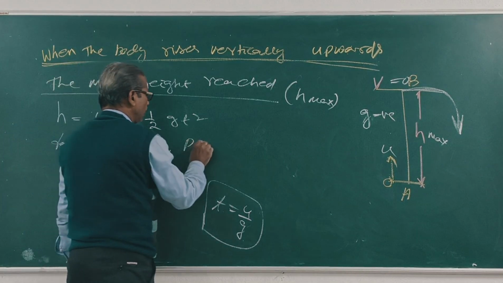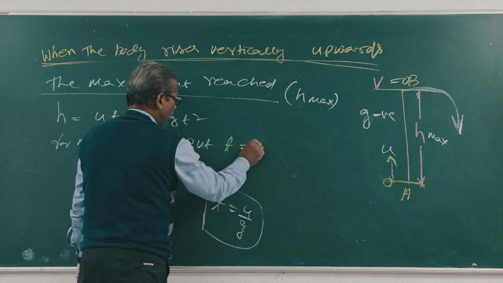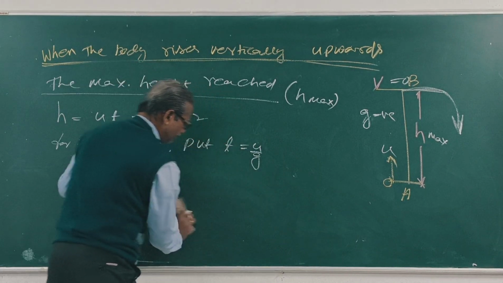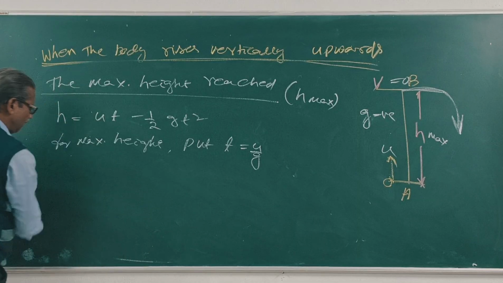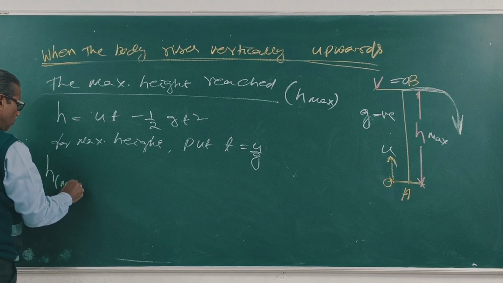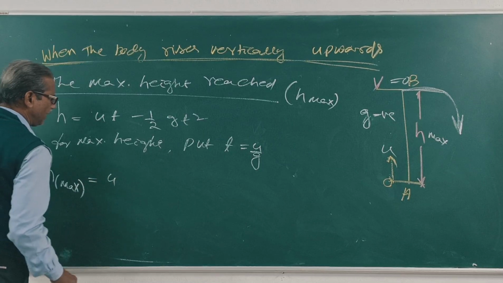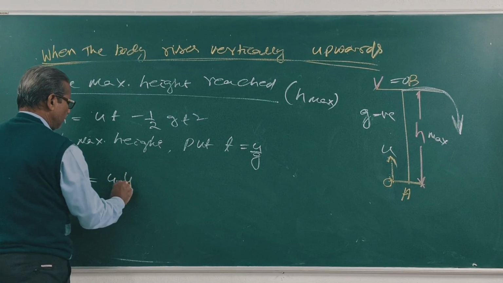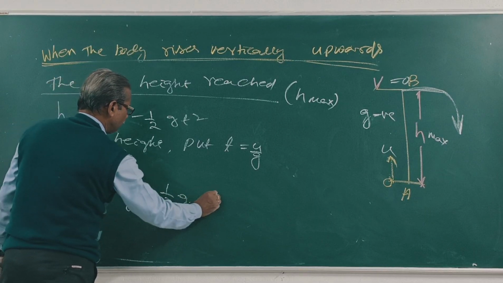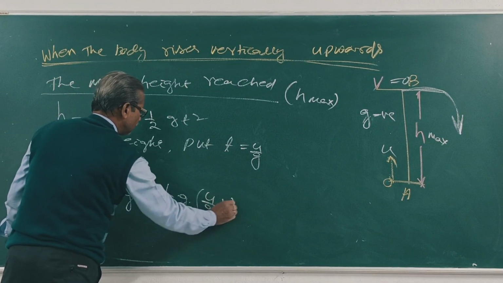So h max is equal to u times u by g minus half g into u by g whole square.